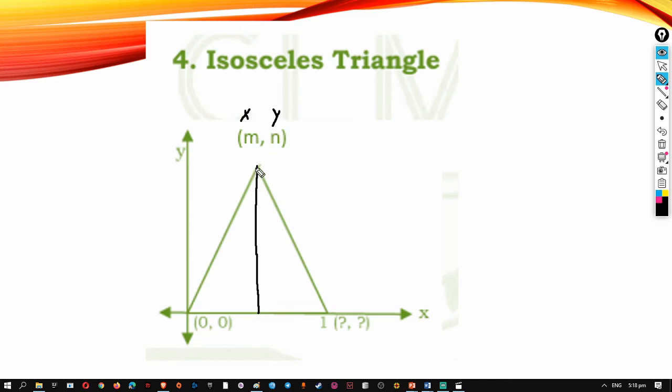Kung ito ay m, m din ito. Isosceles yan, so kung distance from here ay m, from here is also m. So, m plus m equals 2m.